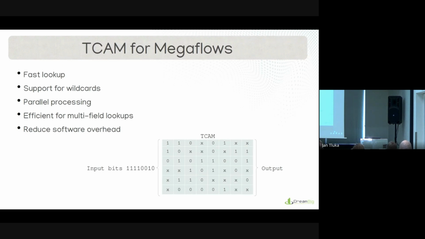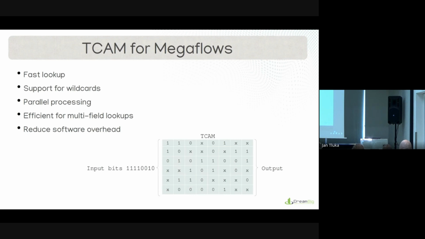This speed is vital for applications that require real-time decision making, such as routing and switching. Unlike traditional memory, TCAM can store entries with wildcards, which enables flexible matching, as you can see in the picture. There are zeros and ones, while X represents the don't care bits, also known as wildcard bits. This feature of TCAM is very useful to support megaflows in the hardware.